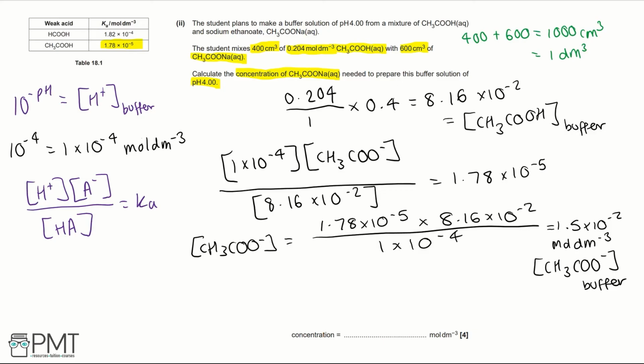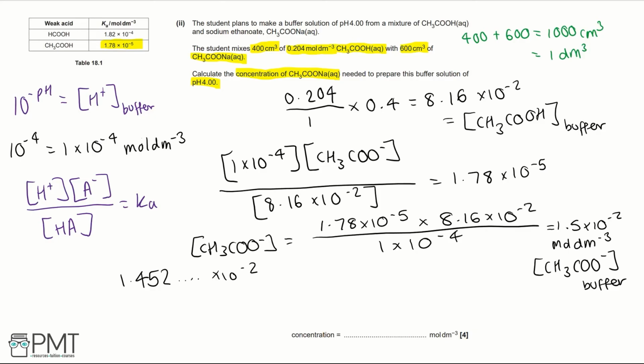Now, for ethanoic acid we worked out the concentration in the buffer by scaling based on its volume, but here we're trying to go from the buffer to the original. So we're going to do the opposite to what we did at the beginning. Taking the calculator value, which is 1.452, etc., times 10 to the minus 2.